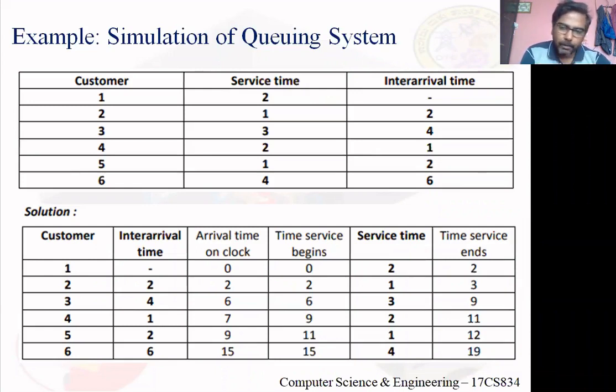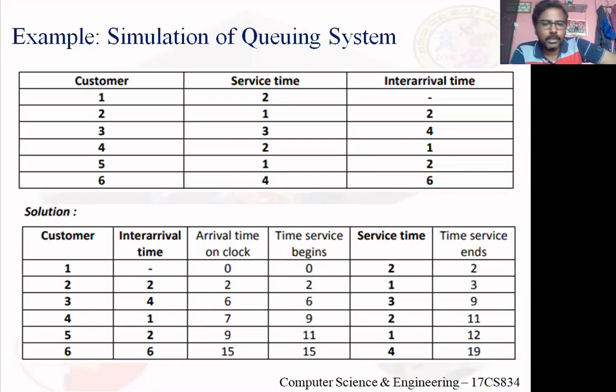The server becomes idle at time 2, so service for the second customer begins immediately. The service time for the second customer is 1. It begins at 2, requires 1 minute, so it ends at time 3.